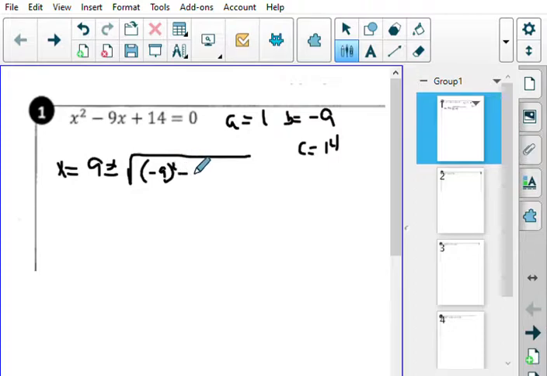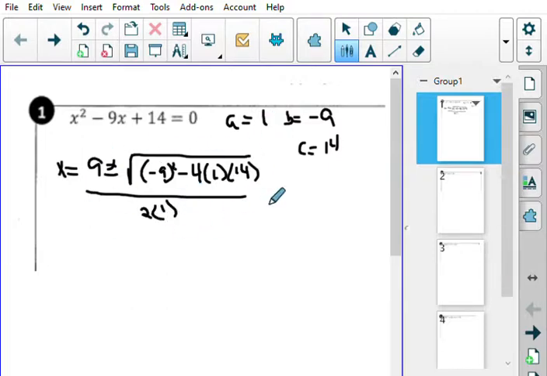Then we have minus 4 times our value of a, 1, times our value of c, 14. And we divide all of that by 2 times my value of a, which is 1.